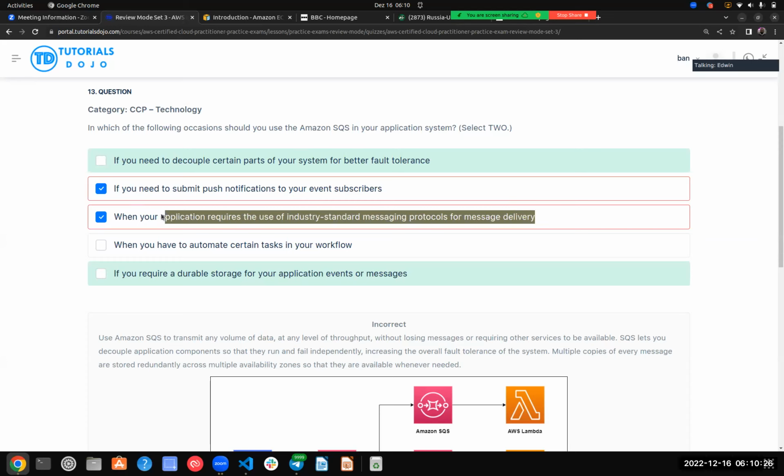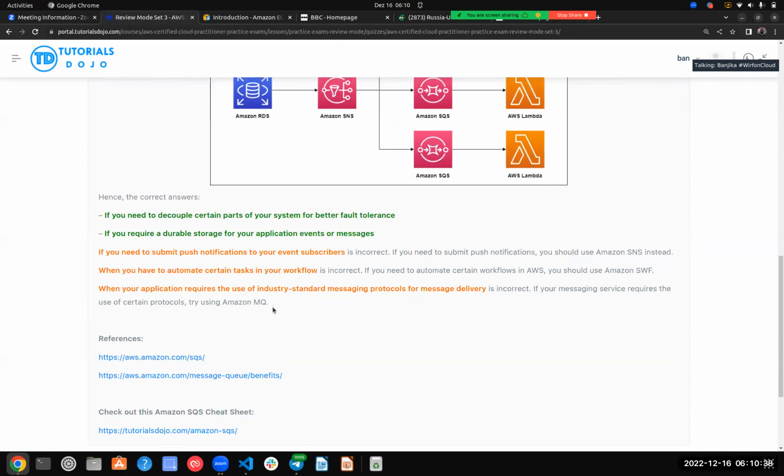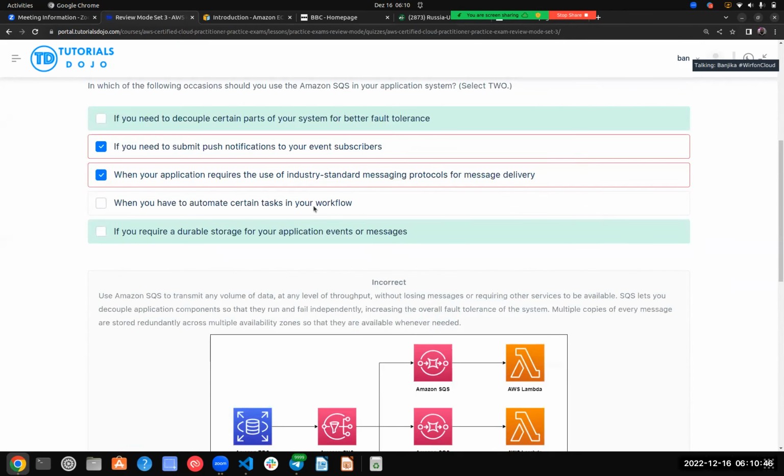Is it SOC? Sorry? No, I was just thinking SOC. Is it SOC? It should be MQ, I think. Amazon MQ. Okay. So when you want industry standard messaging protocols, use Amazon MQ. So it's not this one.